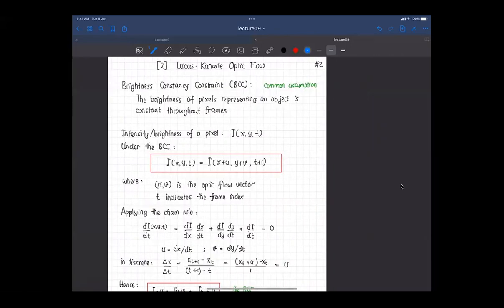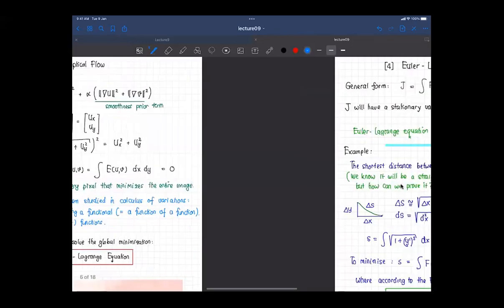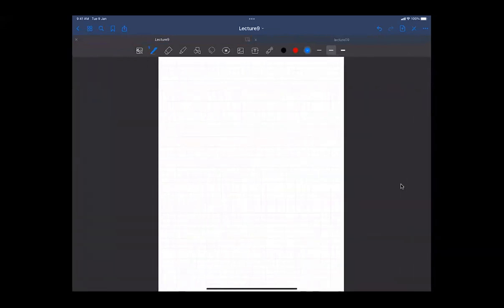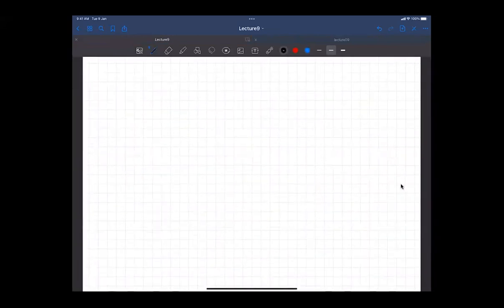And for that reason, we will continue our discussion on another optical flow technique called Horn and Schunck. Horn and Schunck optical flow.